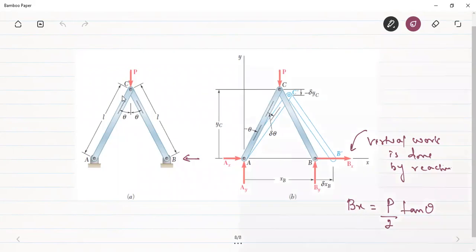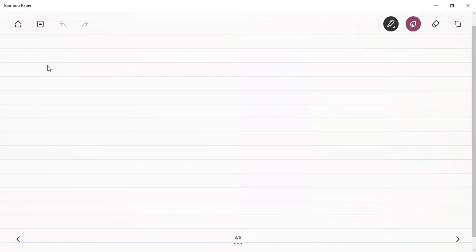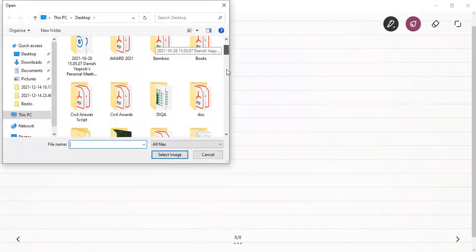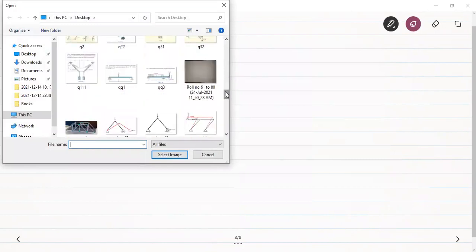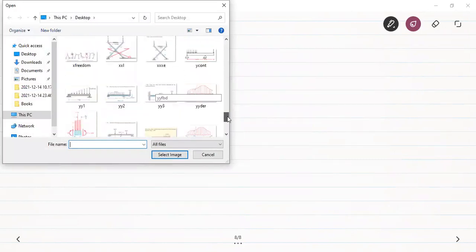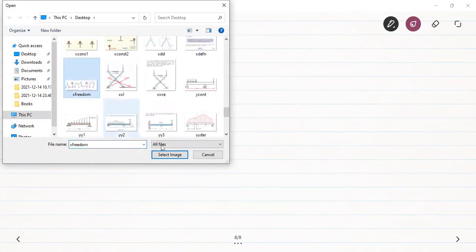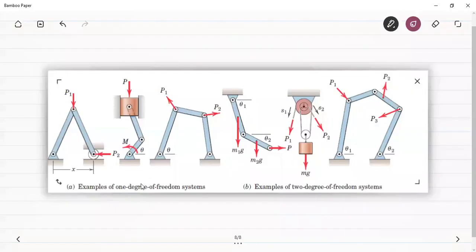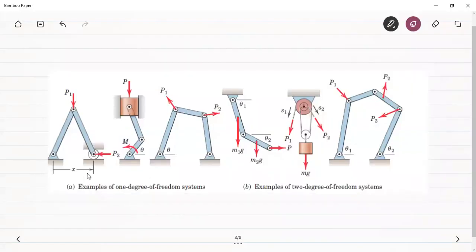And also see that all the systems that we have studied were single degree of freedom systems. See, these are the examples. The first three examples are single degree of freedom examples, because one coordinate is sufficient to determine the configuration of the whole system.